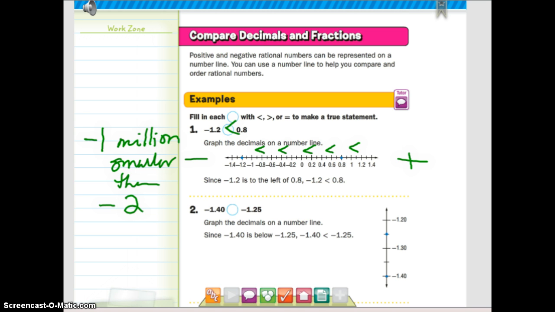It is further to the left, further away from 0 on the number line. So let's look at the number line and try to locate these. Again, this is heading in the 0 direction. So we know 0 is up and this is negative infinity. So looking at this, we know that negative 1.25 is closer to 0 than negative 1.40.